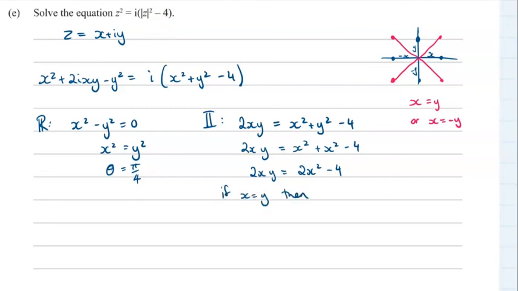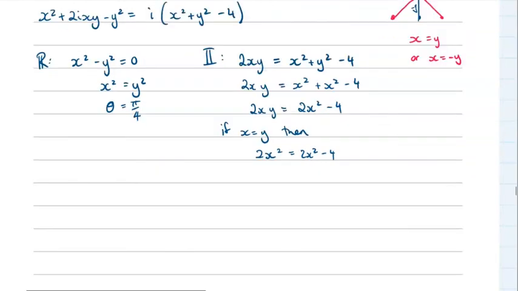So if x was equal to y, then we would have that 2x squared is equal to 2x squared minus 4 by putting x equals y into this equation here. Now that can't be true. Those two things don't match up, so that gives us an invalid solution. So x is not equal to y. So it's got to be that x is equal to minus y.